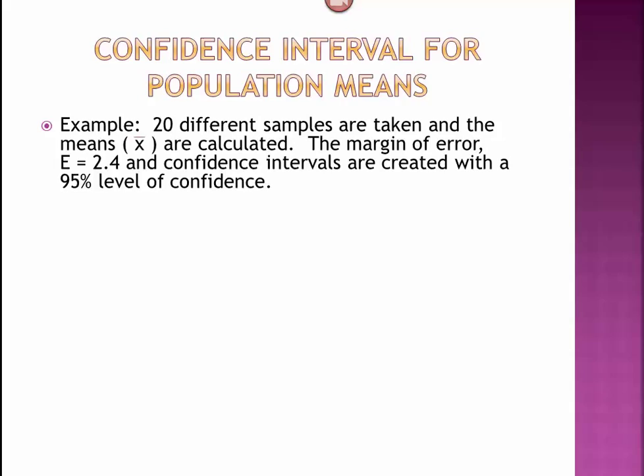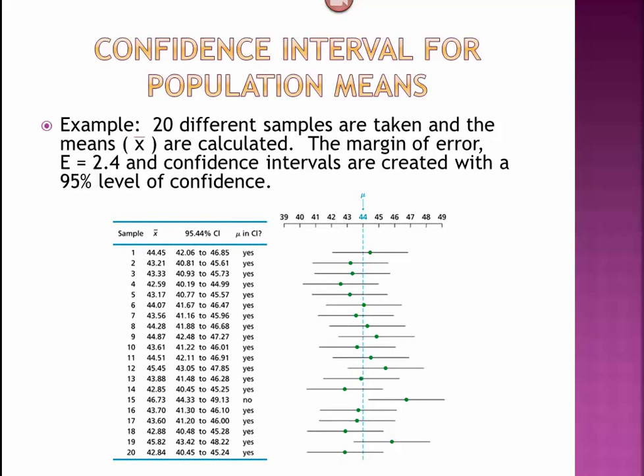So let's just say that we've taken 20 different samples from a population and that the means are calculated. We also calculate the margin of error to be 2.4, and the confidence intervals are created with the 95% level of confidence. Now this particular example is based on height data.